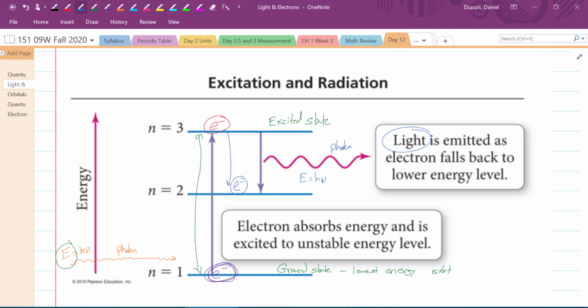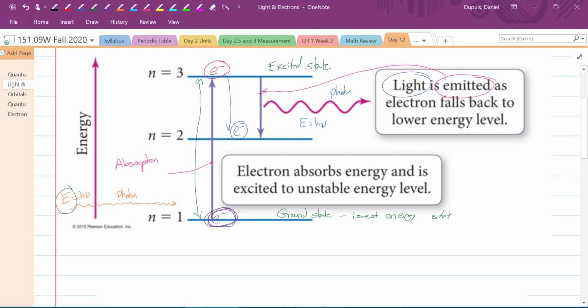So this first arrow right here, where the photon comes in and hits the electron, we call that an absorption of energy. That's an absorption, and obviously this is an emission. So again, this is a qualitative diagram. It's not exactly what we're seeing, but it's a qualitative diagram.